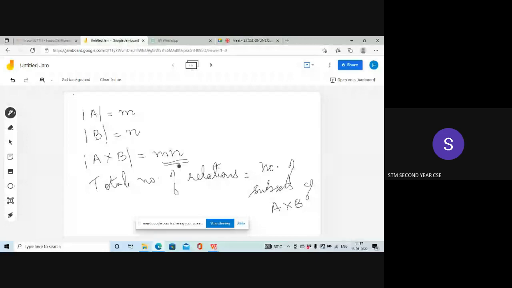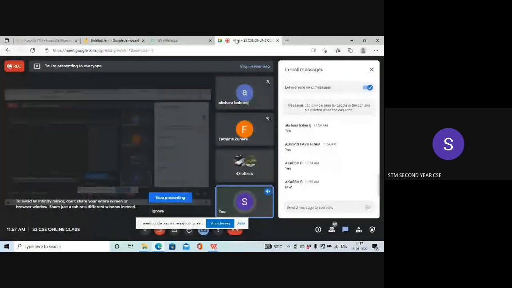So what will be the number of subsets that can be formed from the set A cross B? If there are n elements, how many subsets can be formed? For a set with n elements, how many subsets can be formed?